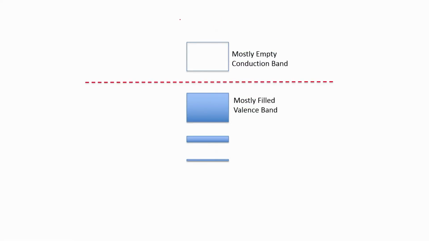Just to summarize everything we have looked at, I think this picture is quite important. All our discussion so far has told us that when we bring atoms closer and start constructing solids, wherein the atoms begin to feel each other, the electrons are permitted to occupy bands of energy. So you have these different bands that are composed of finely spaced energy levels, and these bands are themselves separated by large forbidden energy gaps.